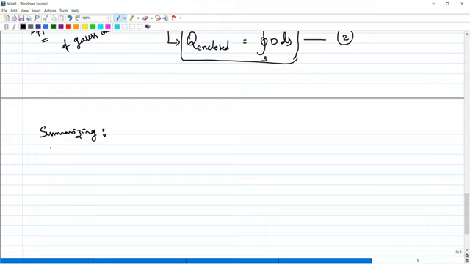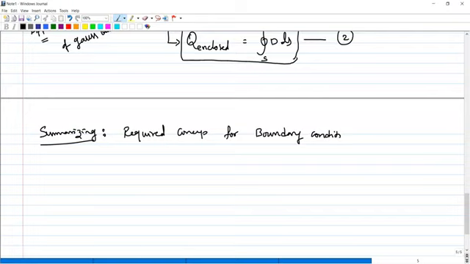Okay, so now I am summarizing the required concepts for boundary conditions. The first one is the resolving part, with respect to the boundary.